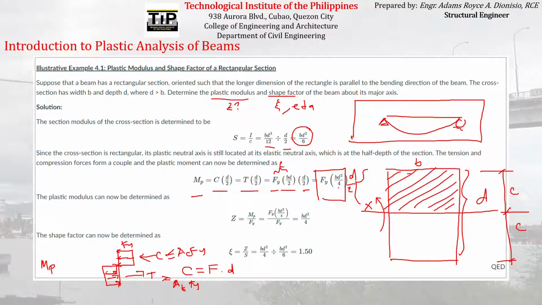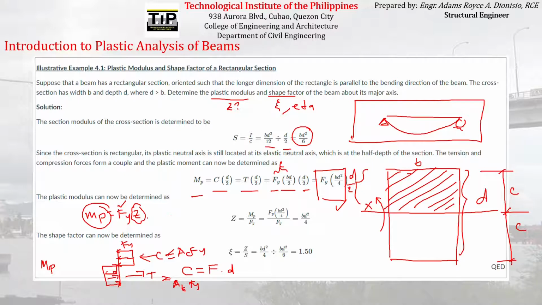Okay, so how can we find the plastic modulus using that? Since we know that the plastic moment is just equal to Fy times the plastic modulus, and we already know the value of MP and also Fy, the only unknown here is Z. So all we need to do is substitute the magnitude of MP and Fy.